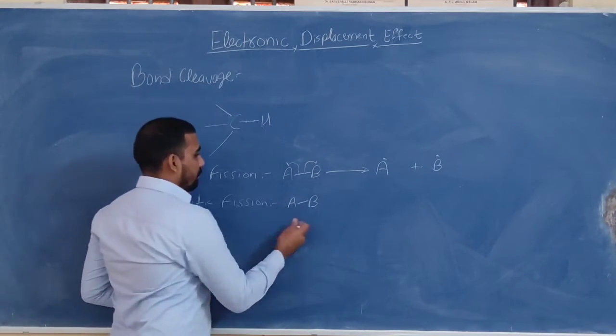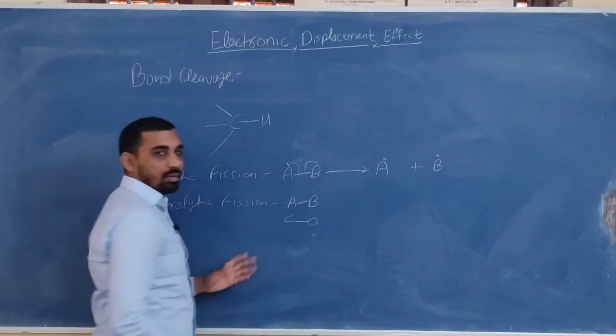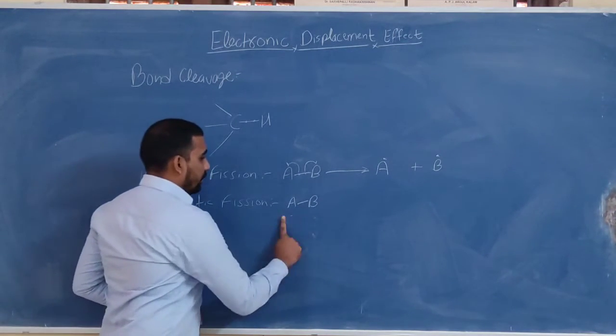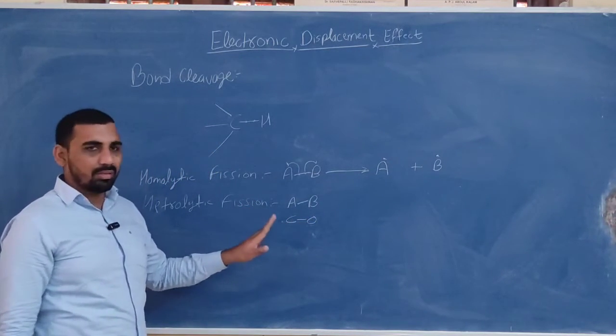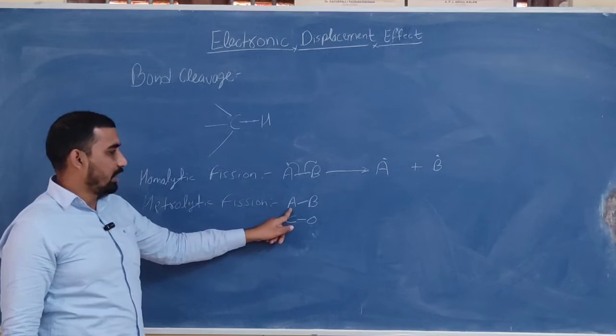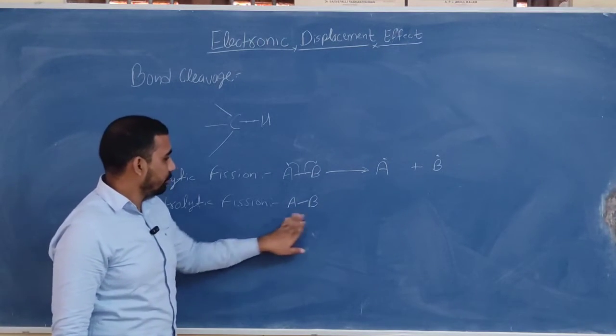Like we have a bond between carbon and oxygen, something like that. For now, we are taking it as A and B atoms.